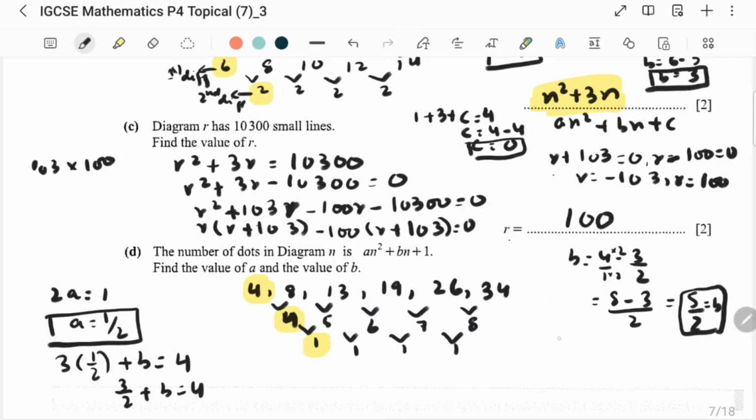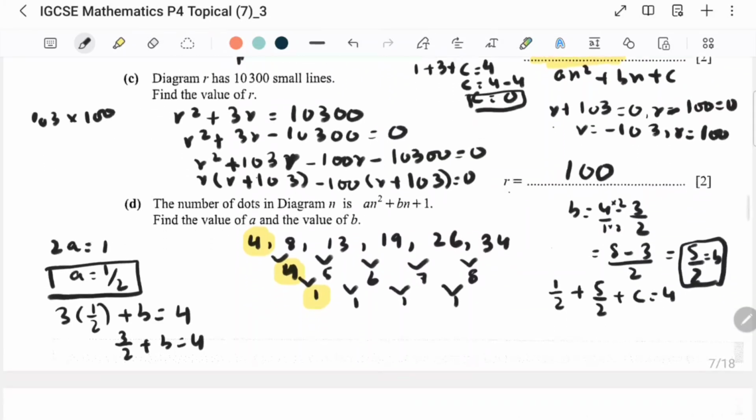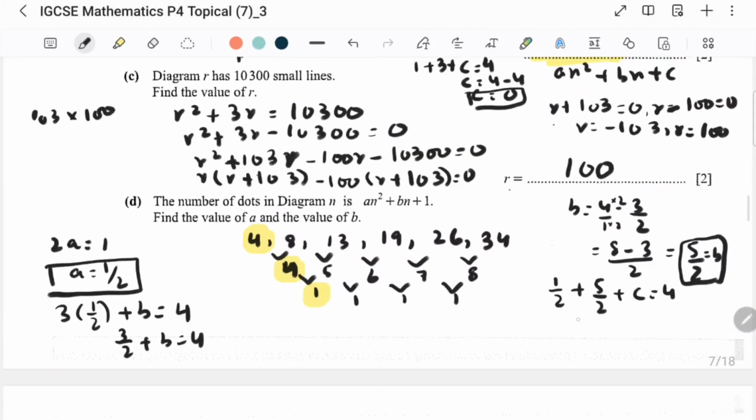a plus b plus c is equal to the first number. Okay, so 5 plus 1 is 6 upon 2, that is 3, plus c is equal to 4. c is equal to 4 minus 3, so c is equal to 1.